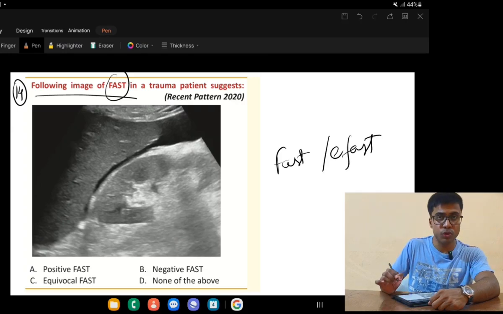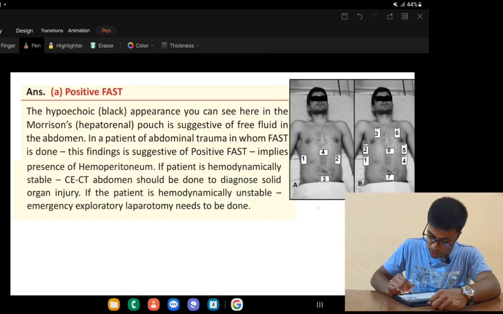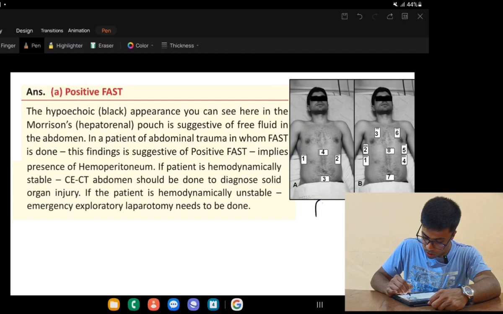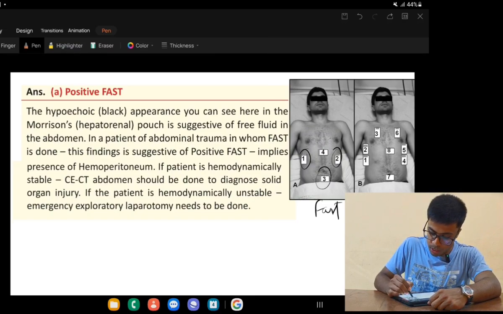Before moving to this question, you should know what FAST and E-FAST are. In case of FAST, we have 4 areas: the epigastrium region, the right upper quadrant, the left upper quadrant, the suprapubic area, and the pericardial area.